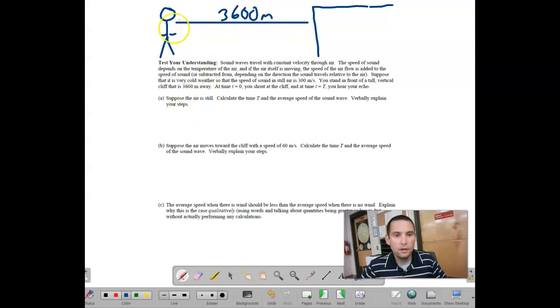Okay. Well, we have distance. Suppose the air is still. Calculate the time t and the average speed of the sound wave. If we yell and our sound wave is going in this direction at 300 meters per second, how long is it going to take to hit the wall? We know velocity equals distance over time.